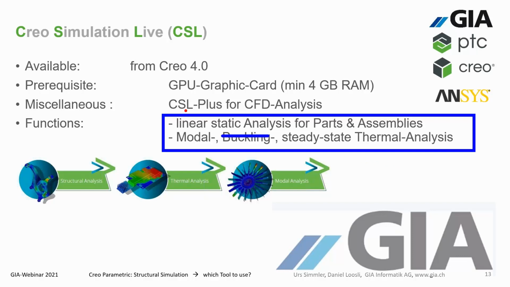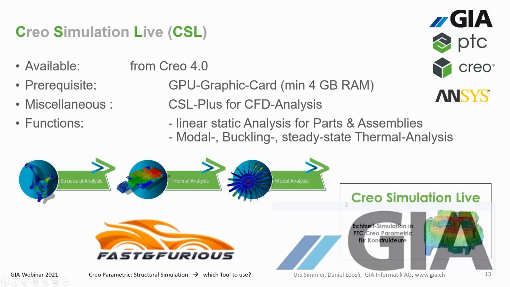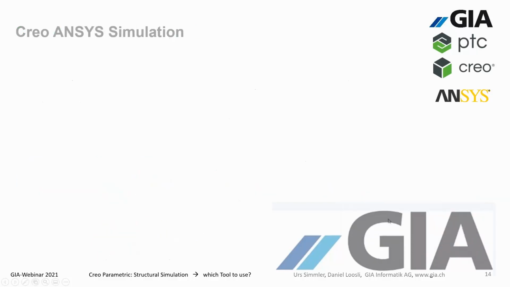In addition to that, there is also a package where you can do some CFD analysis. This technology is really, I would say, fast and furious. It's incredibly fast, and you see the changes during a topology change or geometry change within seconds. I would really say it's live simulation.